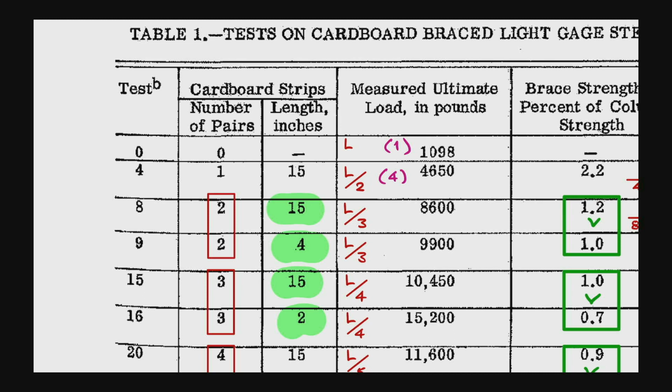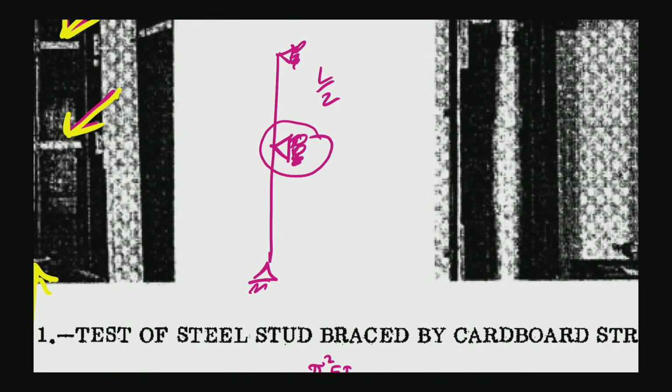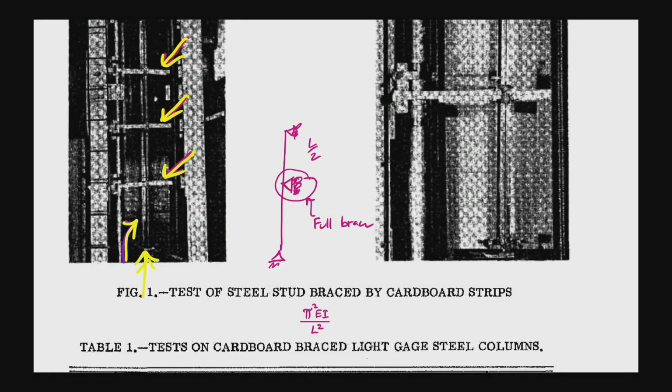And now, as the unbraced length is shortened down to L/3, you expect 9 times higher, if you can produce a condition like this, the full brace condition. The full brace condition is the condition in which you can mobilize the capacity of the column to the ideal values computed from this structural model.